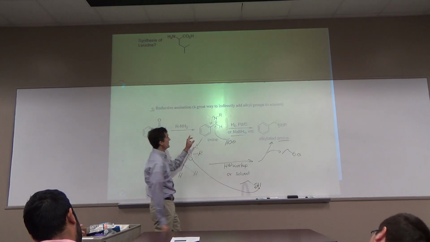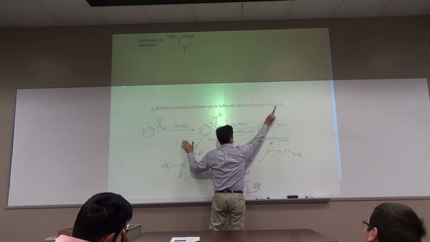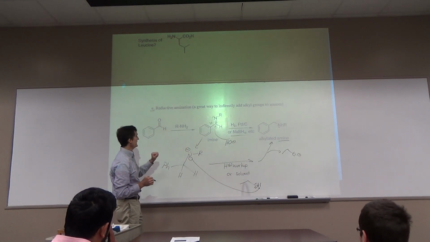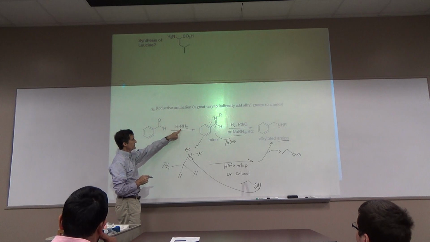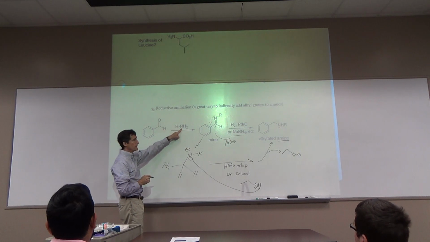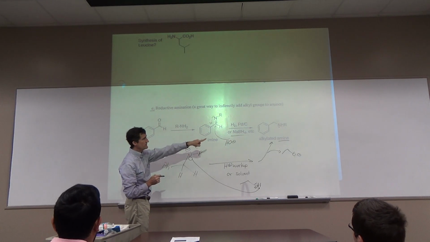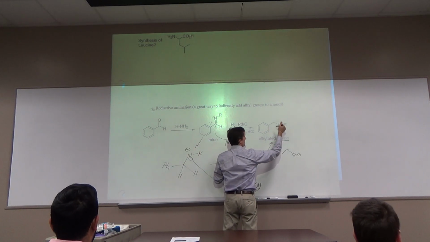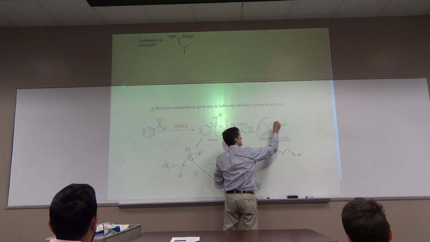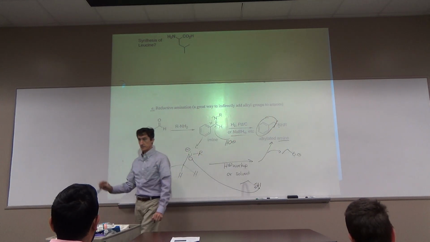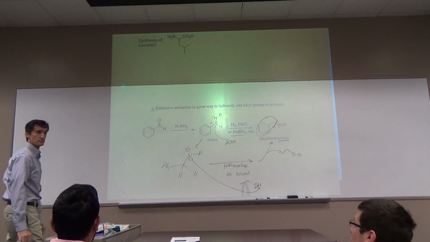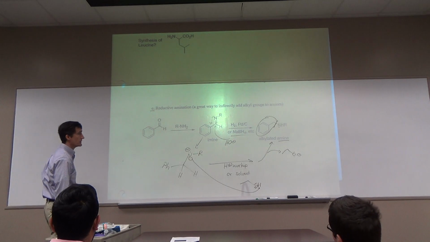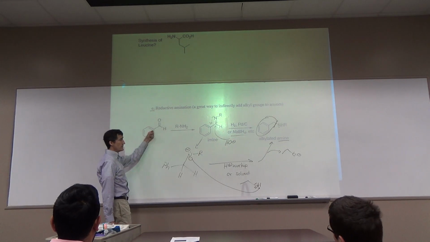It's a great way to indirectly add alkyl groups to amines. Is that what we did? We start with this amine. What did we add to the amine? We started with an amine, we have an amine, but we added this alkyl group, CH2 phenyl. The alkyl group comes from your aldehyde or ketone.